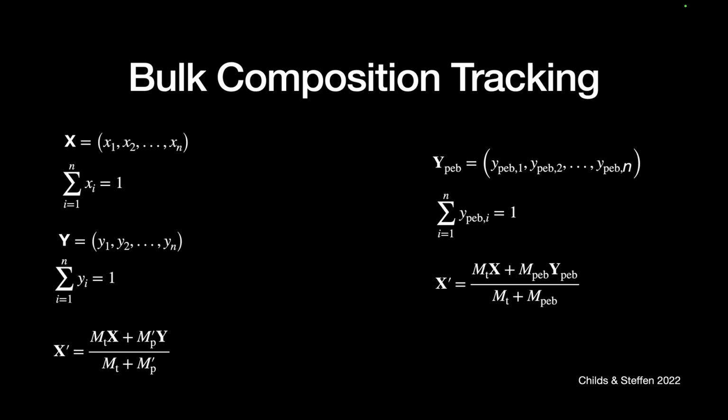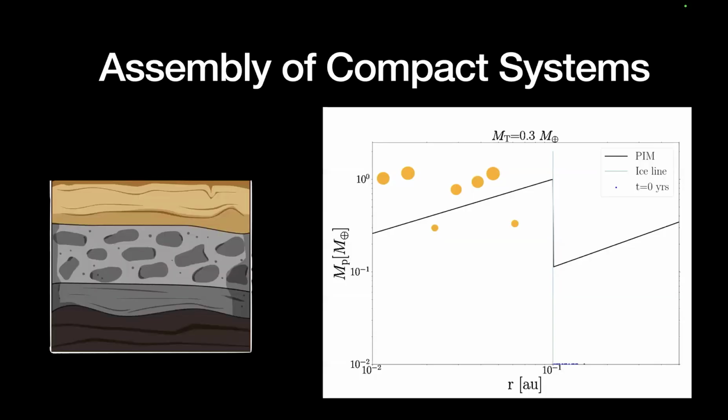And so at each time step for each body, we calculate the amount of pebbles that have been accreted over this last time step and over what radial range the pebbles were accreted, so that we can adjust the bulk composition accordingly with that X prime expression shown there. So this is something we do post-processing after we formed our final systems.